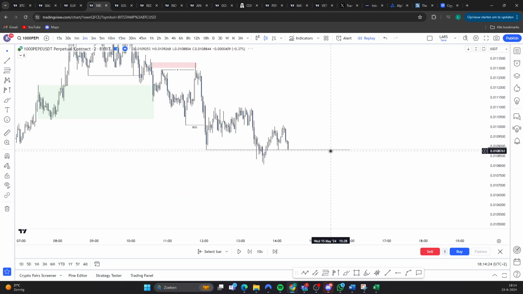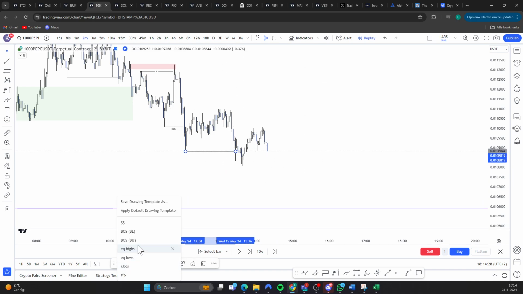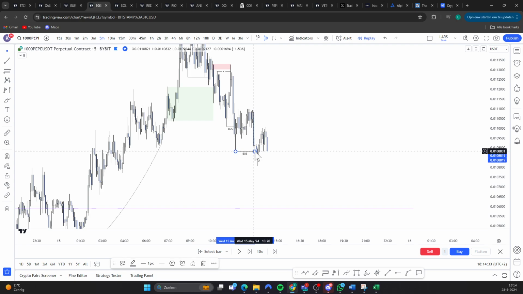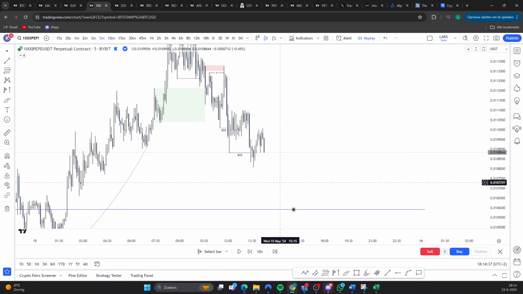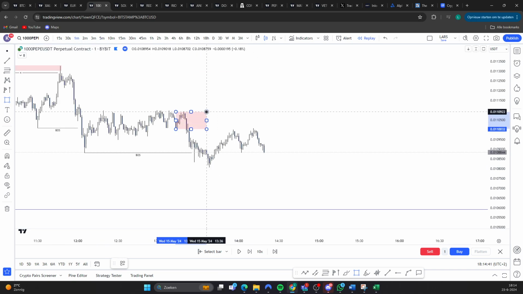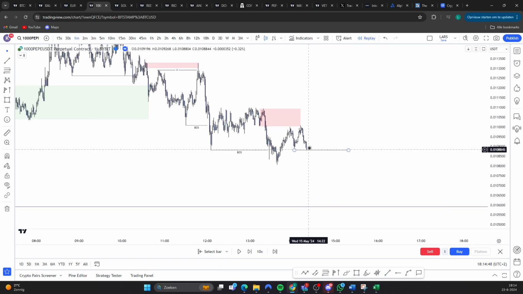Let's see if we can get more shorts in by following the trend. Not really the best of breaks here. Break that low, come to that other low.